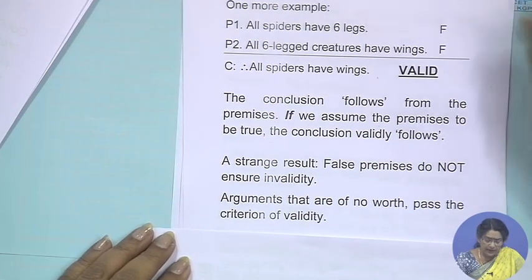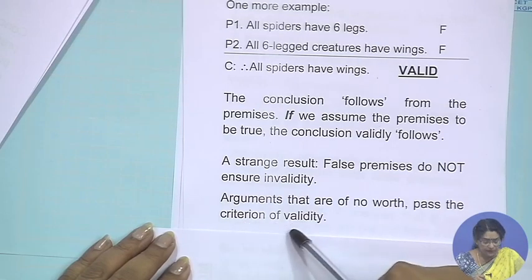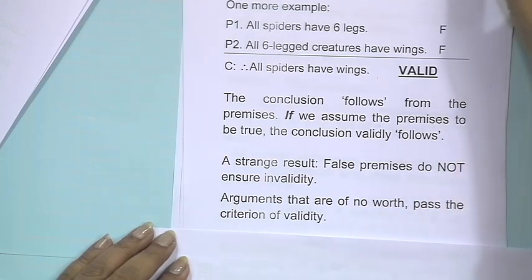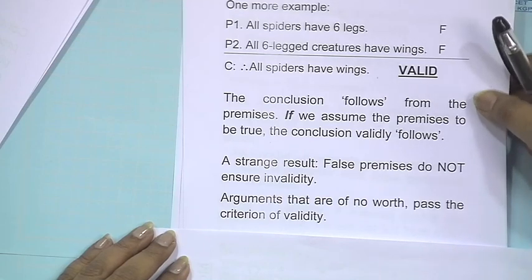So, in a way that tells us there is something wrong with the criterion of validity. Perhaps we have defined it rather loosely, and this was my point, that validity is a good concept, but it does not rule out everything that it is supposed to rule out. Some of the bad arguments also pass through.